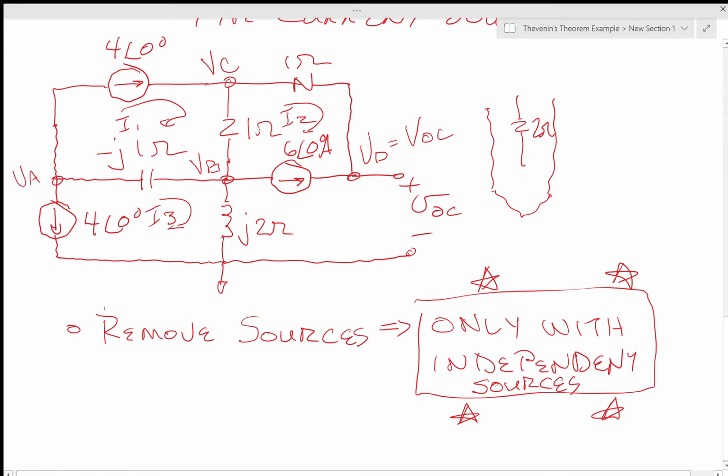So remove the sources and you short circuit the voltage sources. You open circuit the current sources.